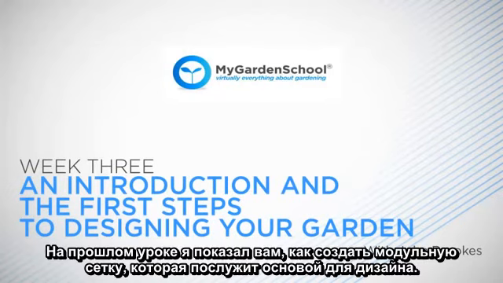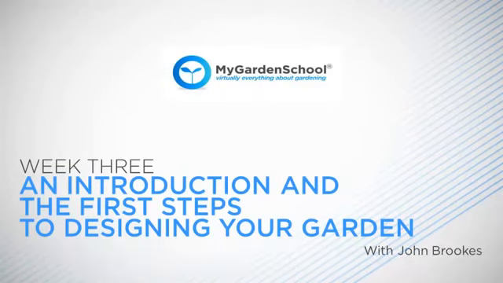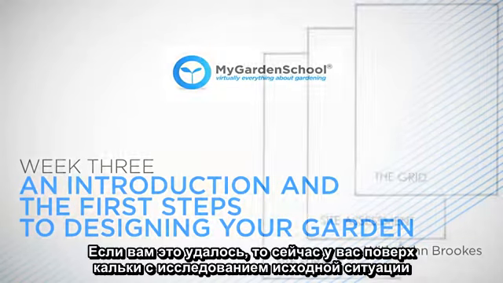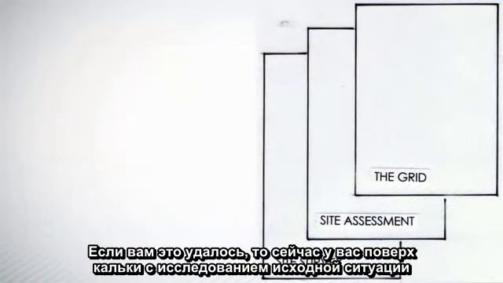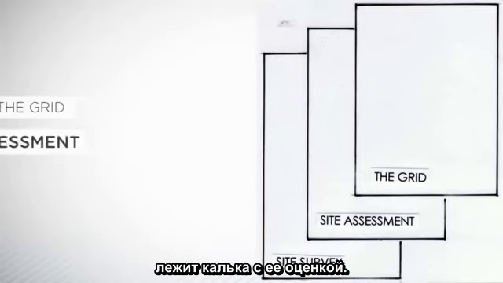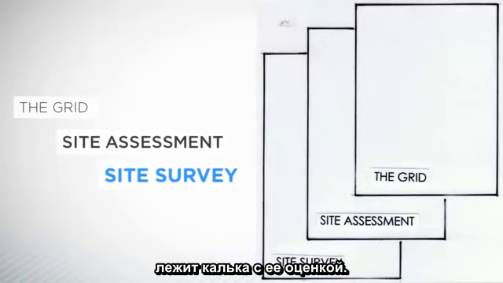In my last talk, I showed you how to create a grid system as a basis on which to design. If it were possible, you would now have a layer of drawings on trace with your site survey on the bottom. Over that, your site assessment, that is, what goes where.